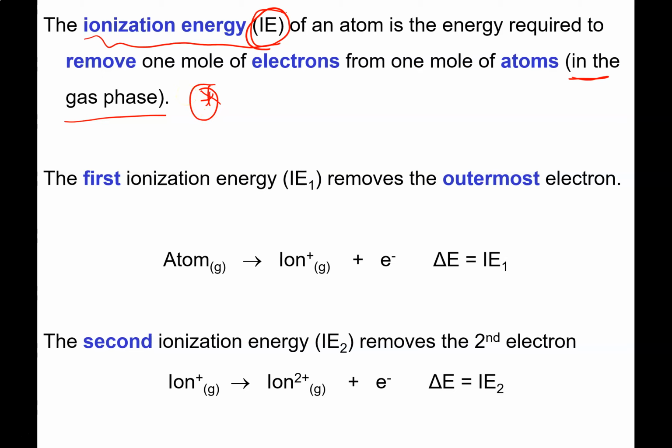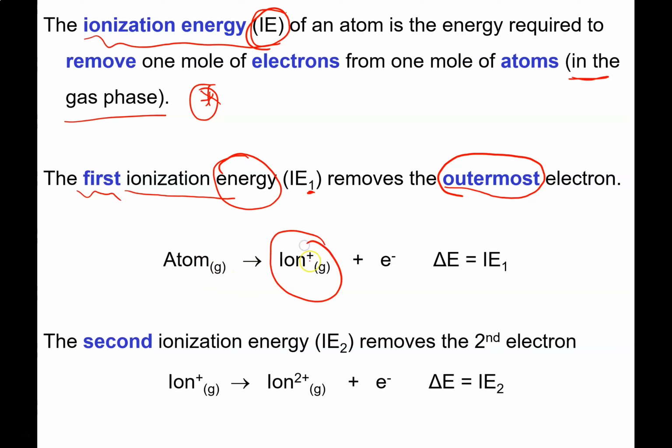We can remove more than one electron from an atom. The energy to remove the first electron is called the first ionization energy, and we indicate that by putting a 1 there. That's going to remove the very outermost electron. So we take our gas phase atom, we remove 1 electron, which gives us our single positive gas phase ion and our electron.